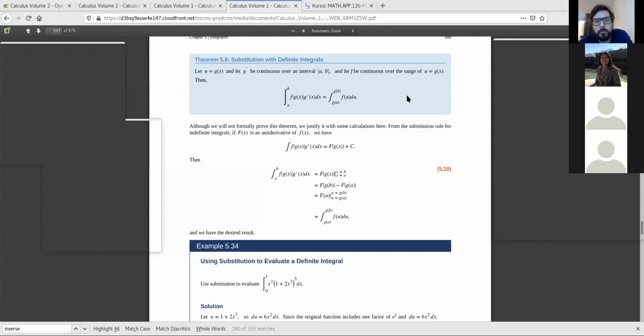I'm not going to prove this theorem here. There are certain problems to this. It's not entirely void of problems.